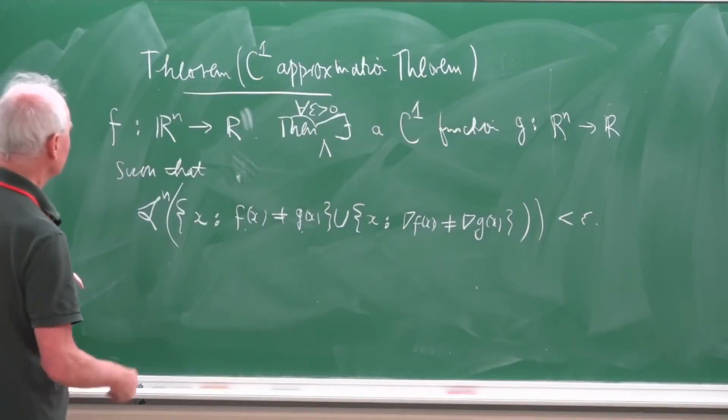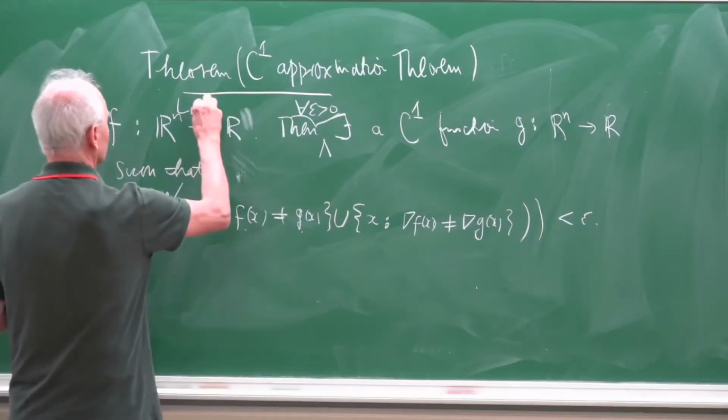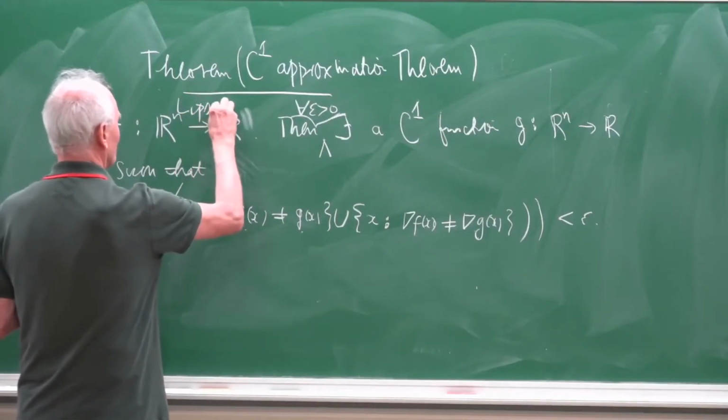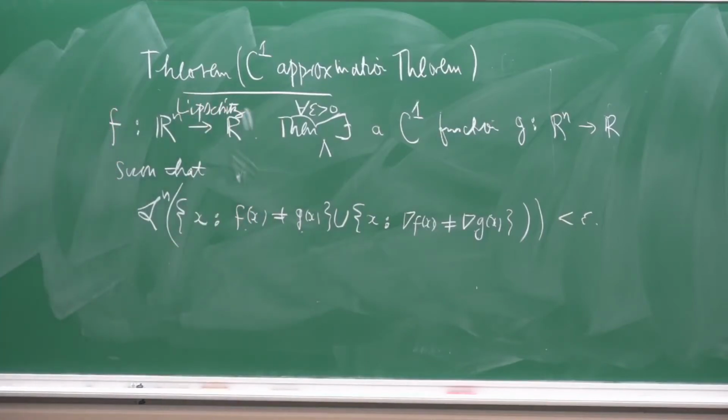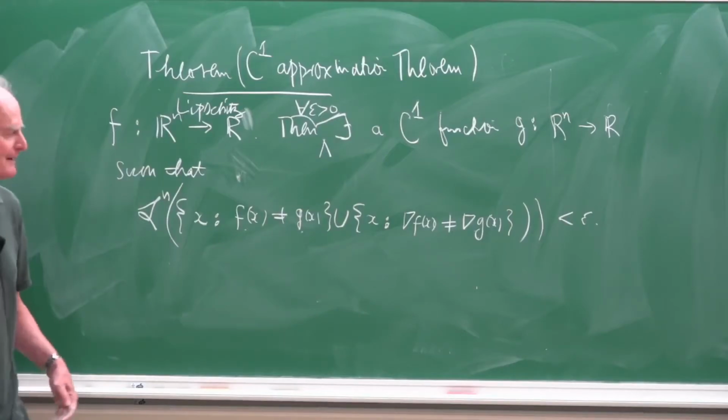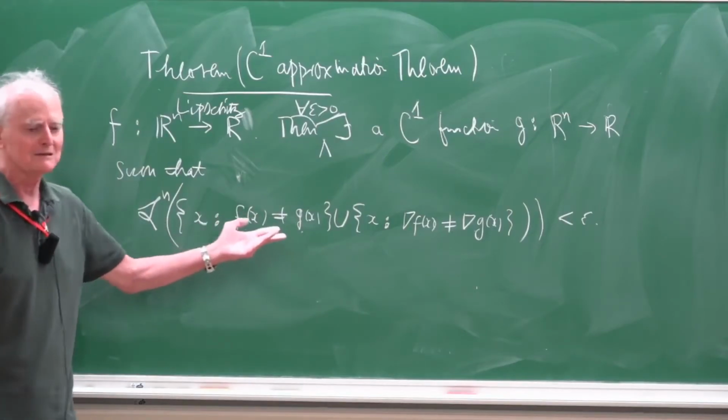Oh, yes, sorry. Lipschitz. That would have been a very good theorem without that hypothesis. I'd like to prove that. Now that actually is pretty amazing, in my opinion, because it's not just saying that you can approximate f closely by a C1 function.